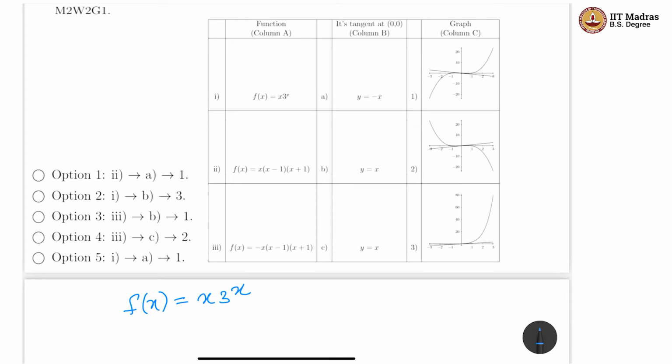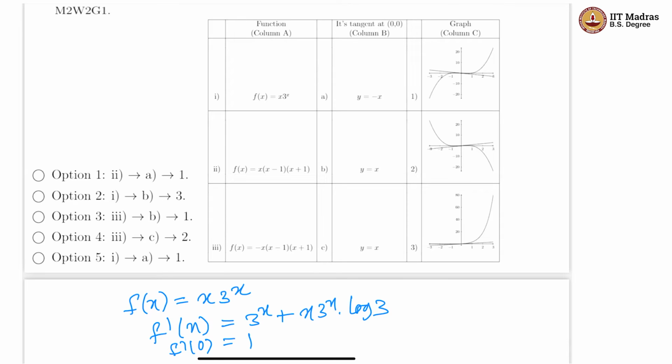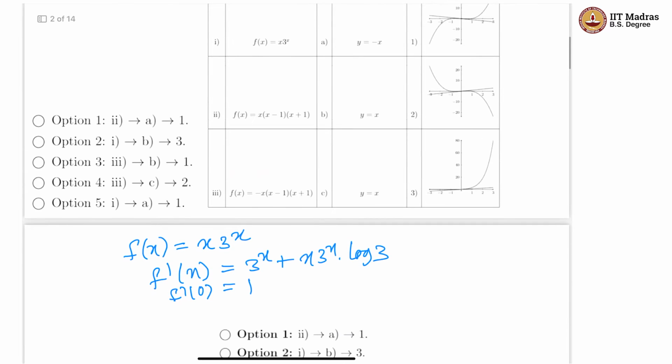So what will be f dash x? This will be 3 power x plus x into 3 power x log 3, right? So f dash 0 will be 1, right?